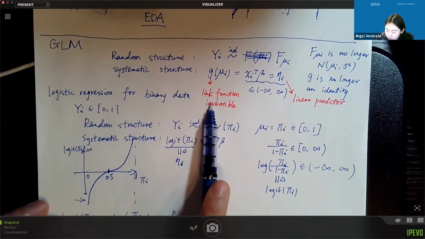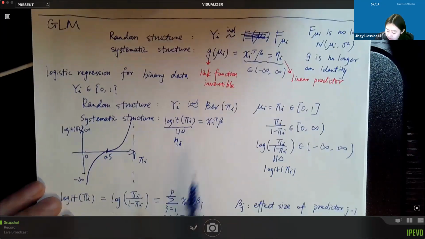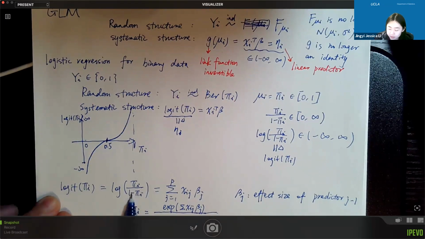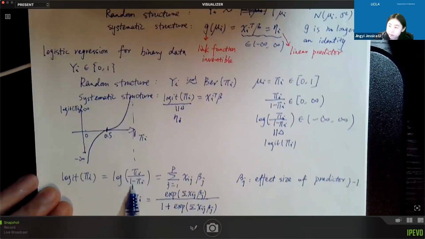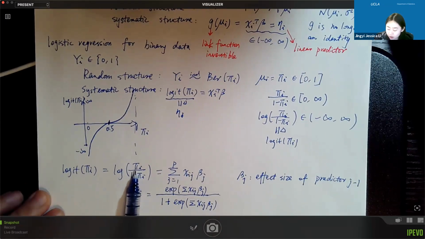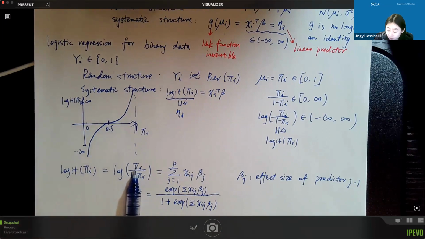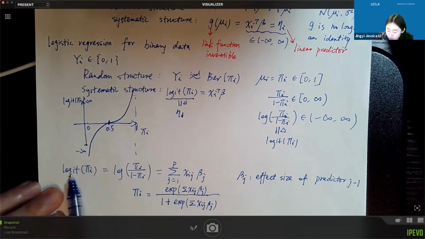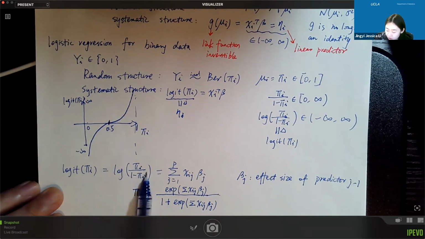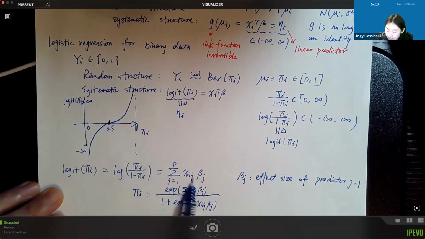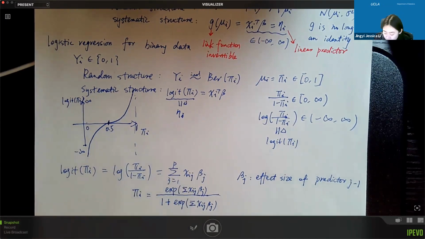So specific to logistic regression, this is the link function. For Bernoulli, the mean is a probability between 0 and 1 of getting 1. So the link function is called the logit function. It's basically log of pi i over 1 minus pi i. We assume this is a linear function of the predictors x1 to x p minus 1.